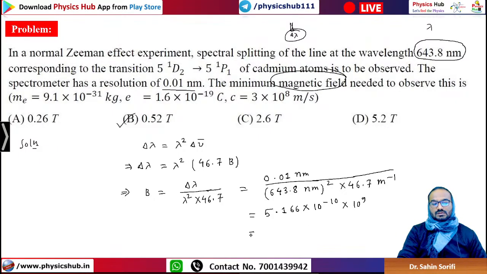So approximately 0.52 Tesla. Yeah, 0.516, approximately 0.52 Tesla, B.